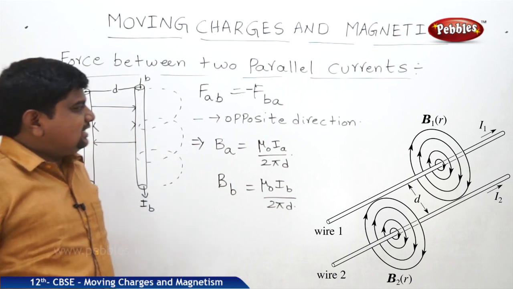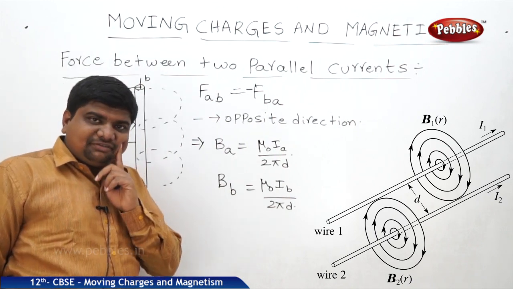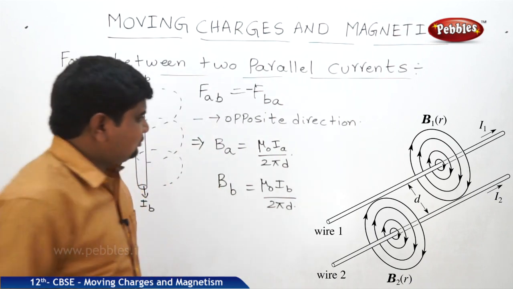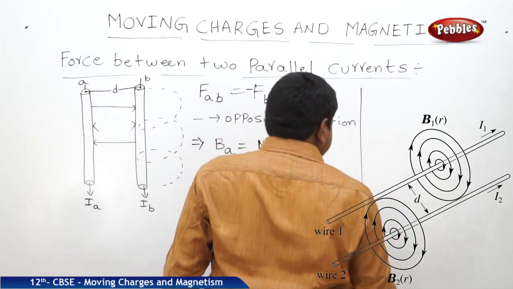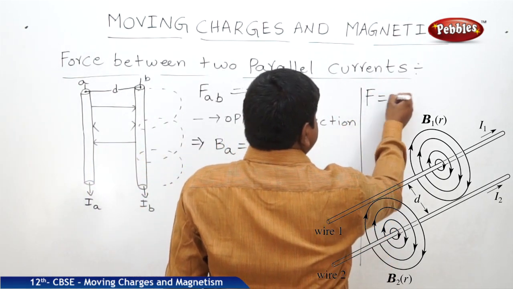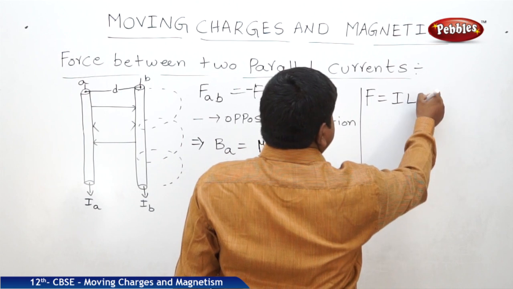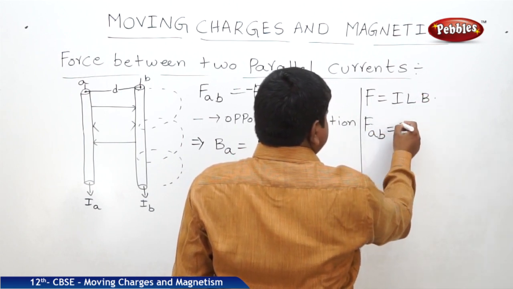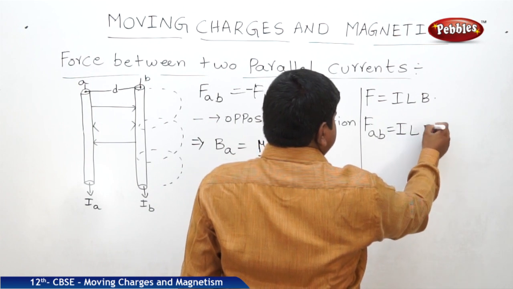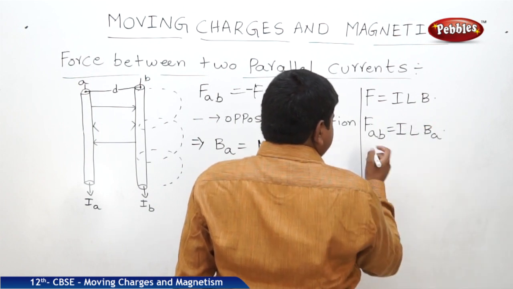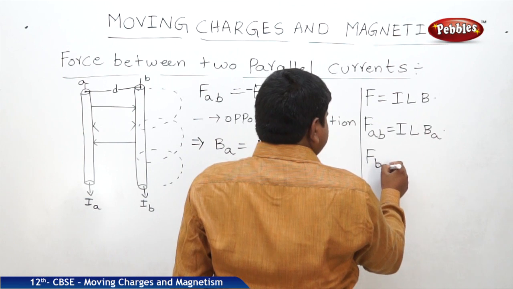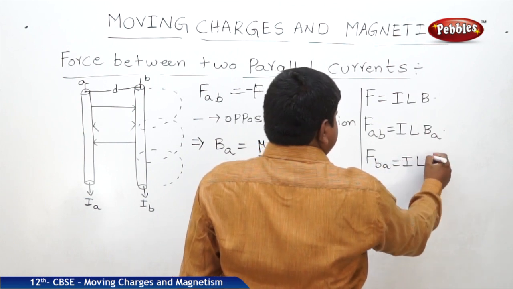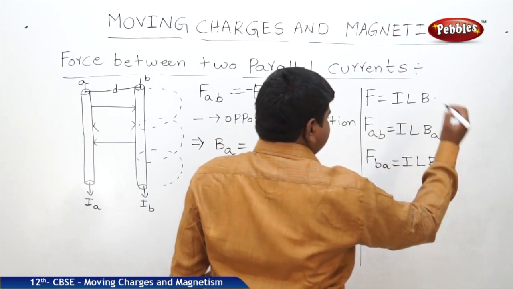But we know that the magnetic force equation F is equal to ILB. So therefore, F is equal to ILB. FAB is equal to ILBA. FBA is equal to ILBB.